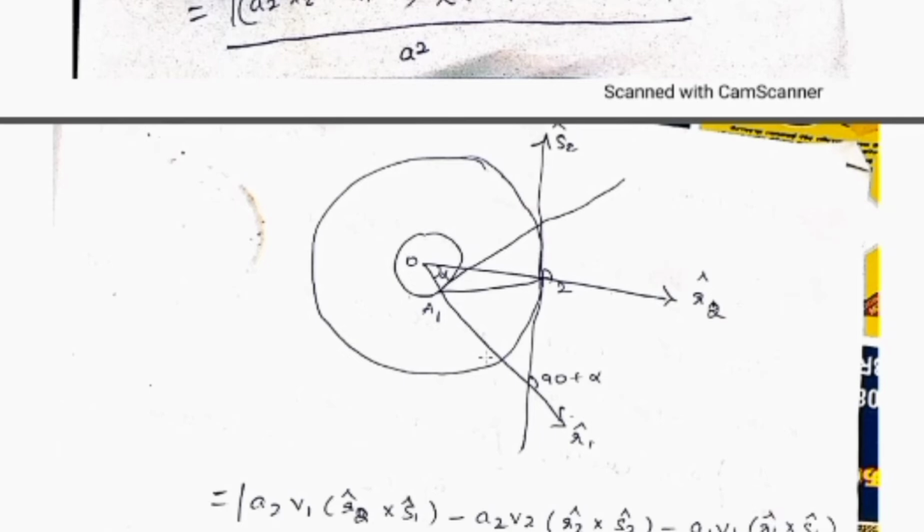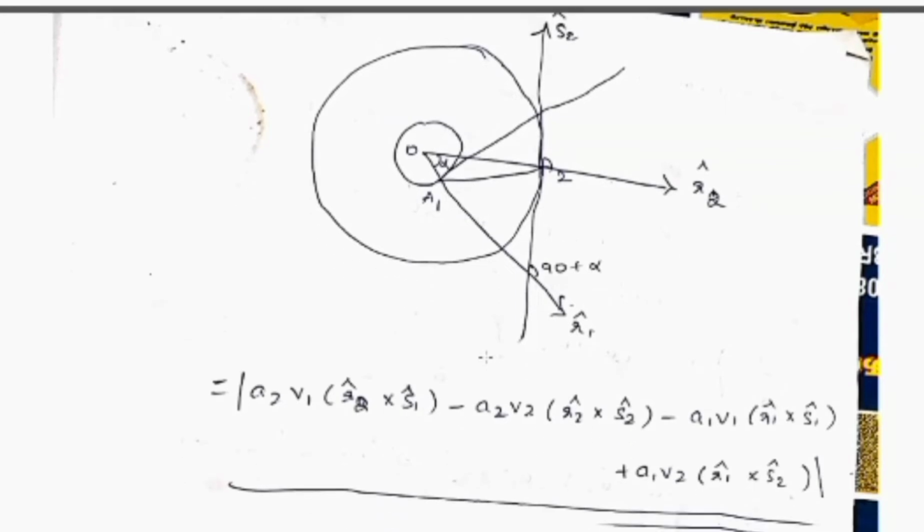Similarly r2 is perpendicular to s2. The angle between r1 and s2 is 90 plus alpha, and the angle between r2 and s1 is 90 minus alpha.